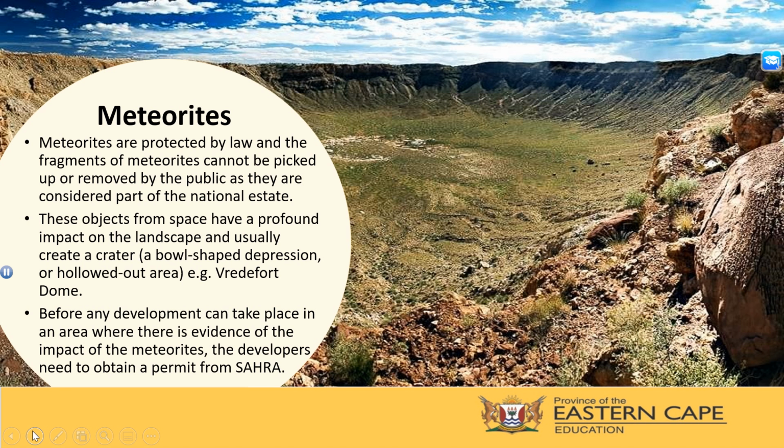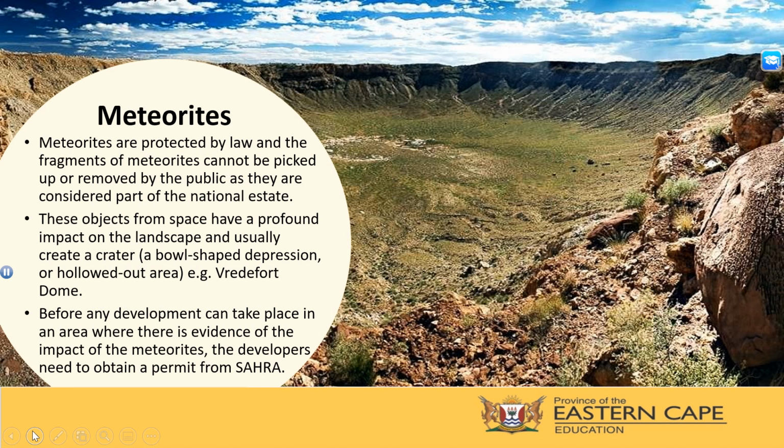Now, as you can see in the image, these objects from space can have a profound impact, in other words, a huge impact on the landscape, and they usually create a crater. And a crater, as I have already mentioned, is a bowl-shaped depression or a hollowed-out area. Arguably our most well-known crater in South Africa is the Vredefort Dome, which is actually also a World Heritage Site.